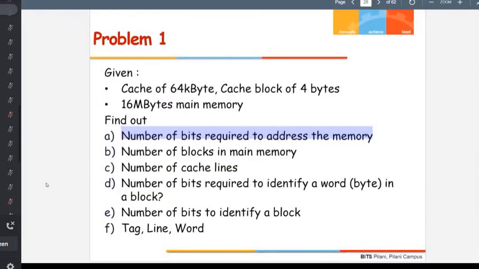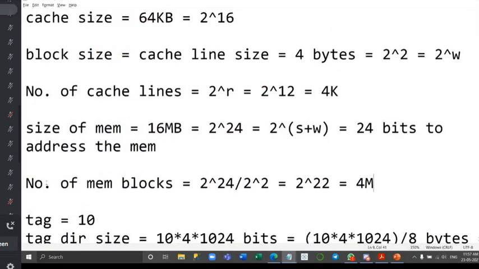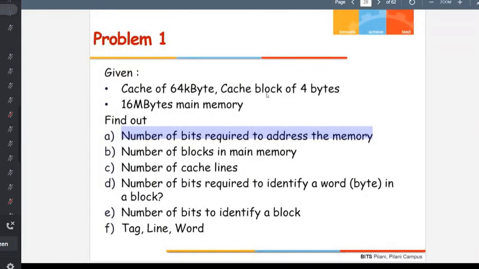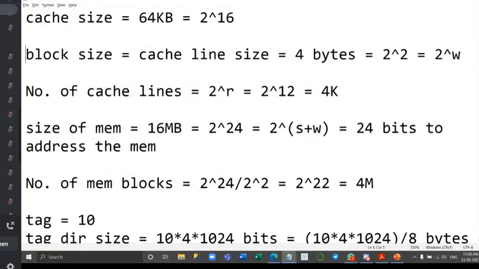Third, the number of cache lines. We need to find cache lines. We need to find the value of R. Here we have the size of the cache, 64 KB. If you divide the entire cache size by the size of each cache line, you get the number of cache lines.